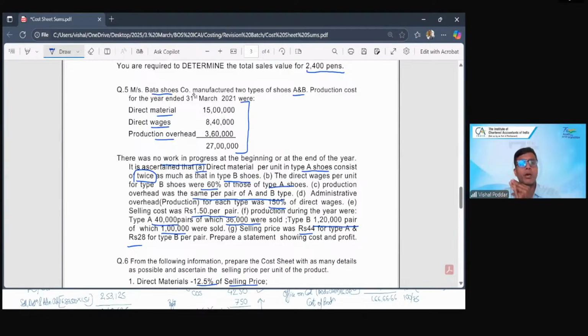Just give me the figure up to prime cost first, because if that is correct, we proceed further. Give me your answer only up to prime cost.